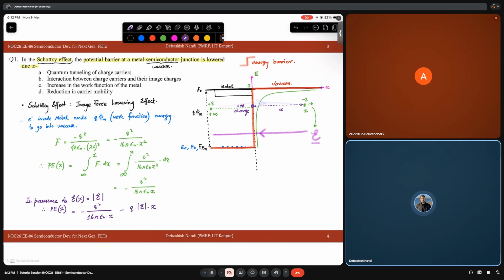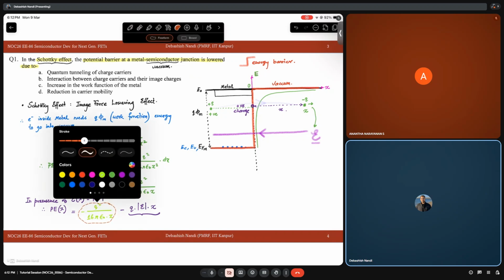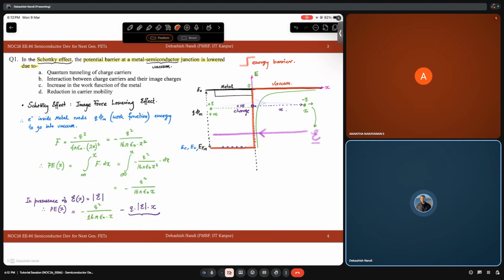Does that make sense? Yes, sir. Because the field is constant, my potential energy will simply be the integration of that. Now, if I draw this component, and let me use this color for it, this component will be something like this.